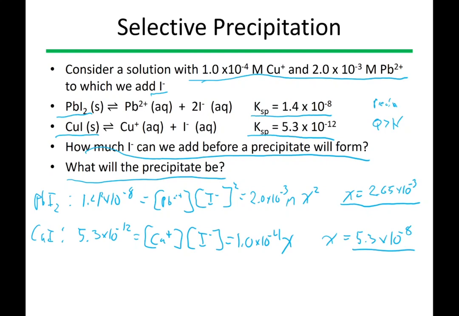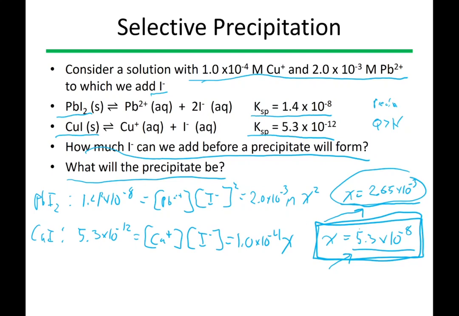So what this is saying is that copper iodide will precipitate when the amount of iodide is 5.3 times 10 to the negative 8th, and lead iodide will precipitate when it's 2.65 times 10 to the negative third. Since this value is smaller, that means as we add iodide to the solution, copper iodide will precipitate out first, and that'll happen when we add enough iodide to get to a concentration of 5.3 times 10 to the negative 8.